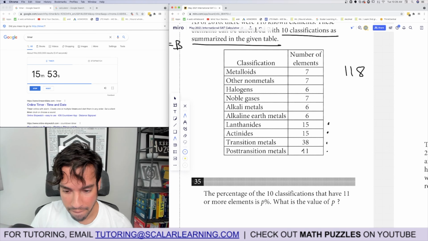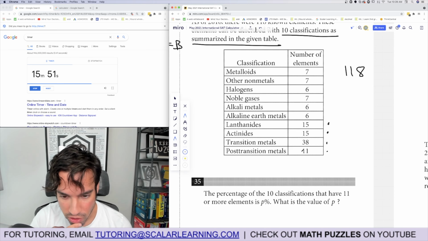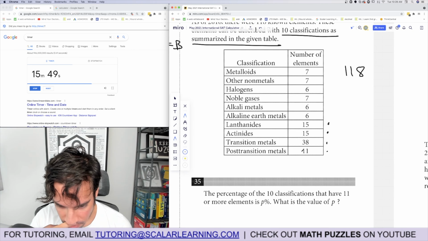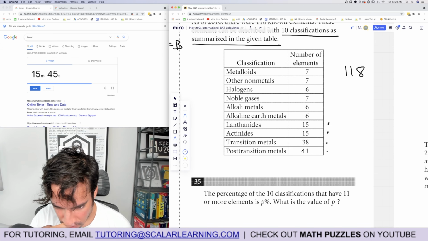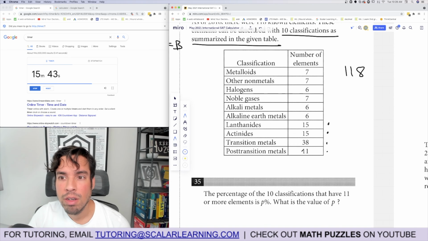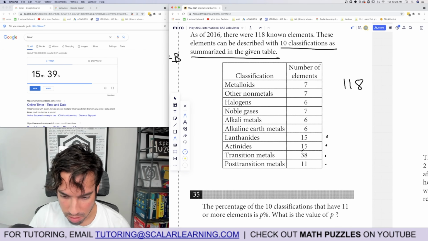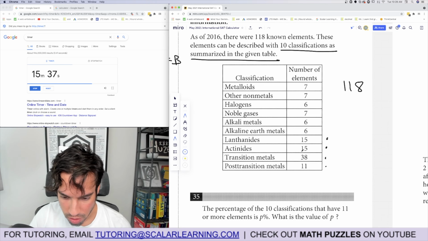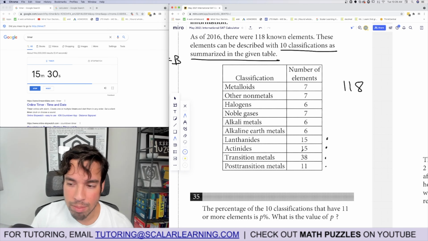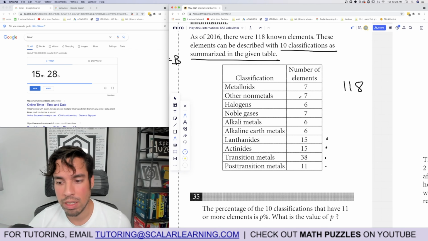You see? Percentage of the 10 classifications. I wish they would have said the percentage of the known elements. Yeah, I think we do it out of 118. I'm going to do both, but I think it's out of the 118 is the one.